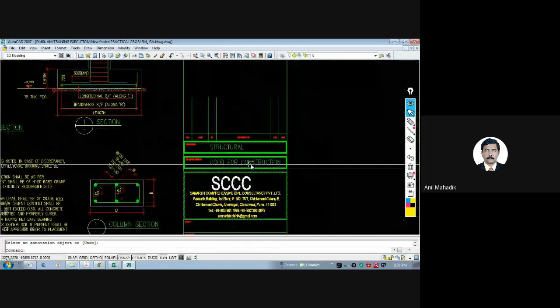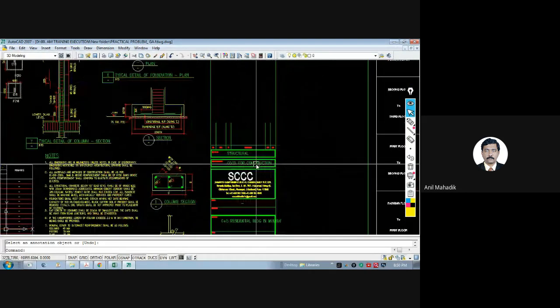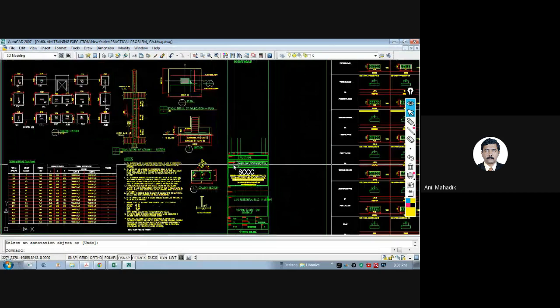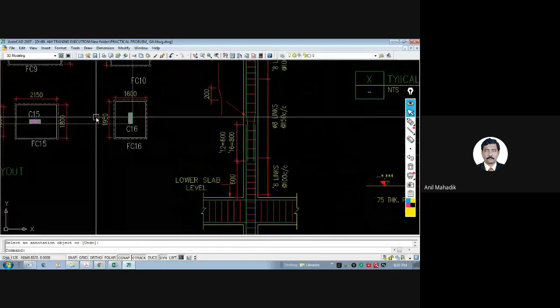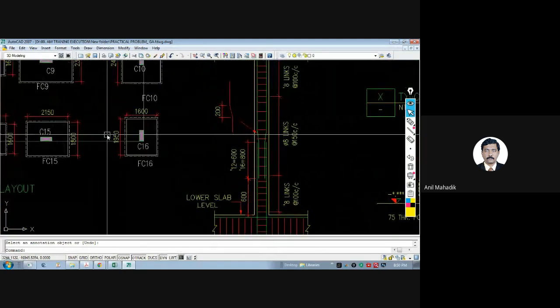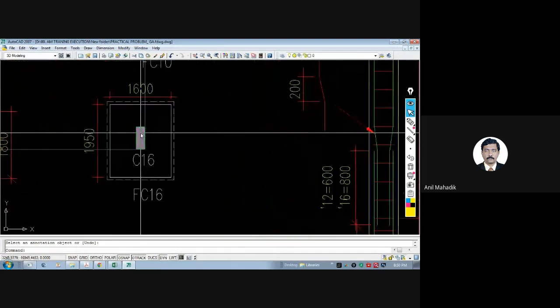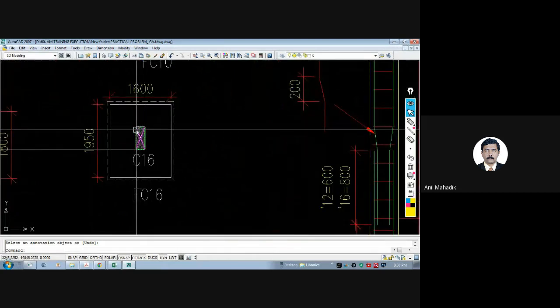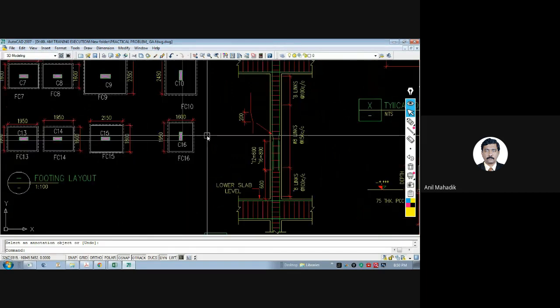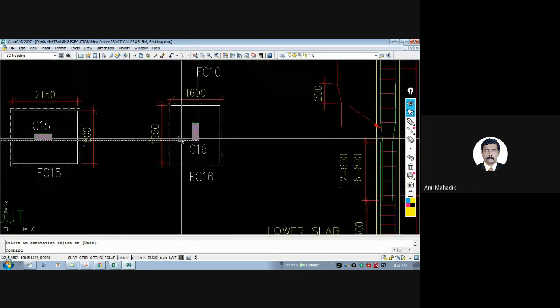Now, there is one point regarding the sheet title block I will mention. Say you have submitted this drawing to the site, and during the construction, let's say the architect told us that I want this column size to be changed, or this column to be rotated in the horizontal direction.